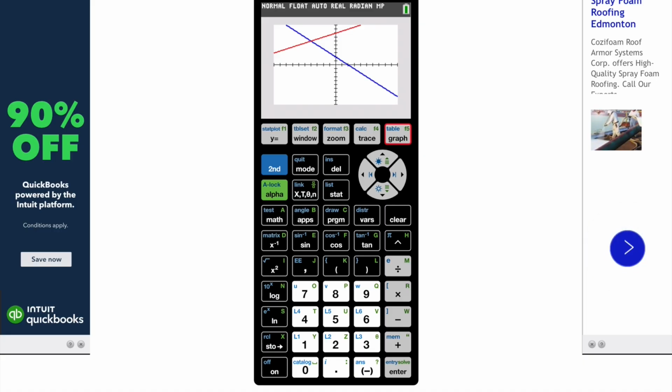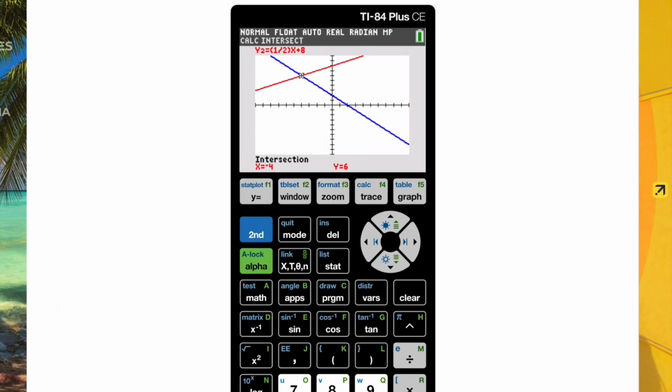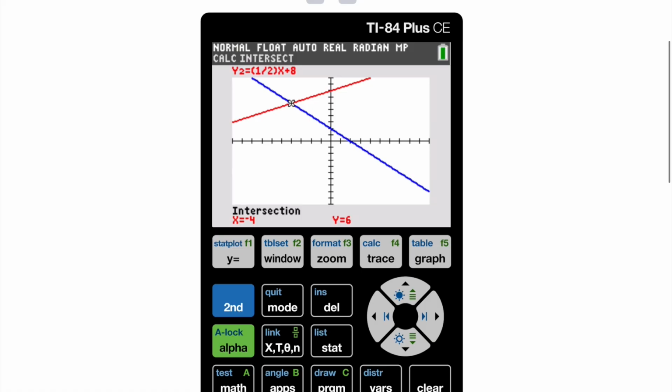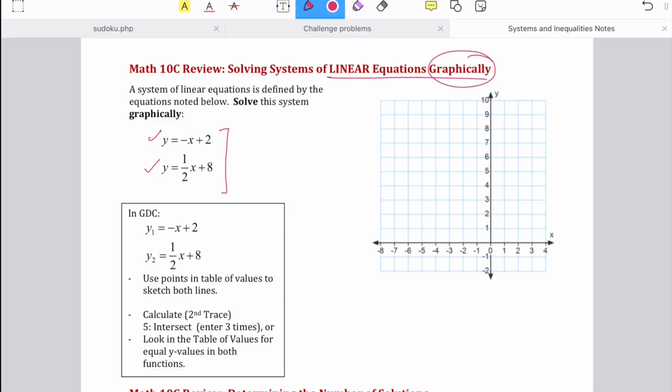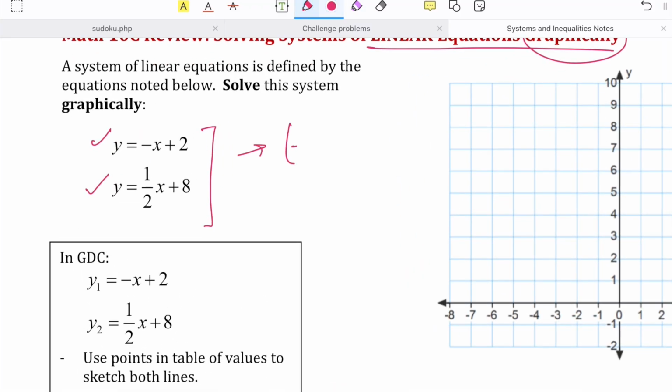So this is what it looks like. To figure out my point of intersection, what do I click on? Second trace 5. Good. First graph, second graph, this is my guess, and my point of intersection is this. So my solution will be negative 4, 6. Okay, so I can write that down. It'll be negative 4, 6, or you can write x is equal to negative 4, y is equal to 6.